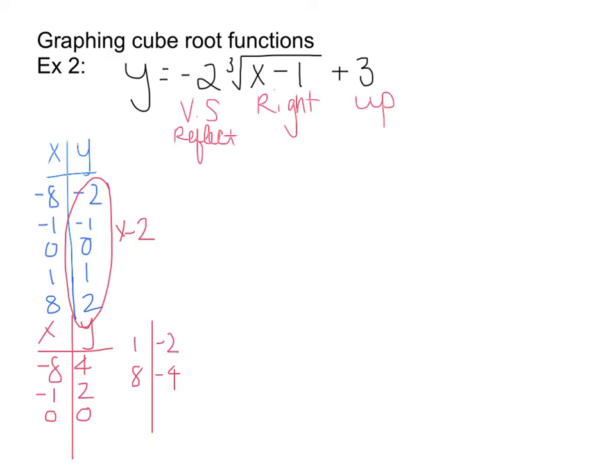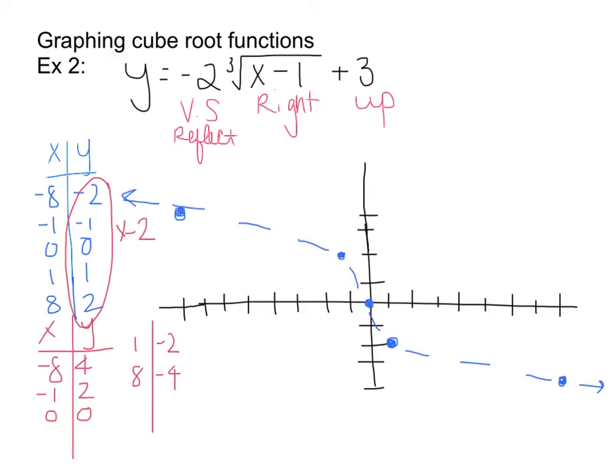So I'm going to go and plot those points now. All what I did is graph these points down here. Negative 8, 4, negative 1, 2, 0, 0, 1, negative 2, 8, negative 4. Now we have to move those points to the right 1, and then we have to move them up 3. Right 1, up 1, 2, 3.